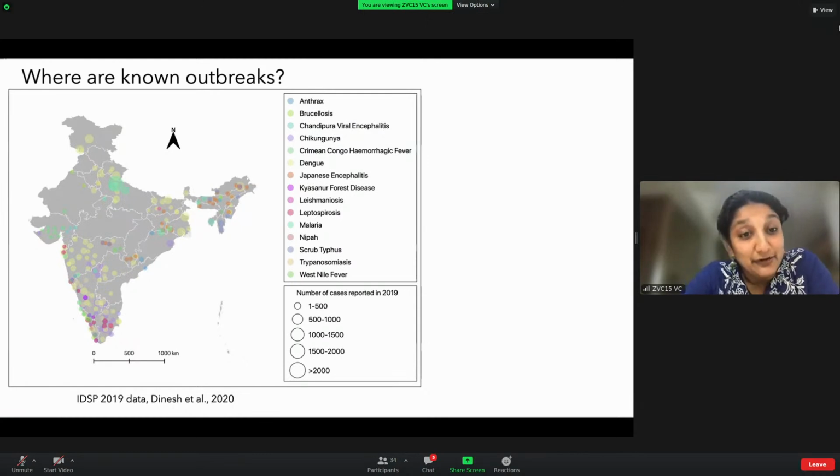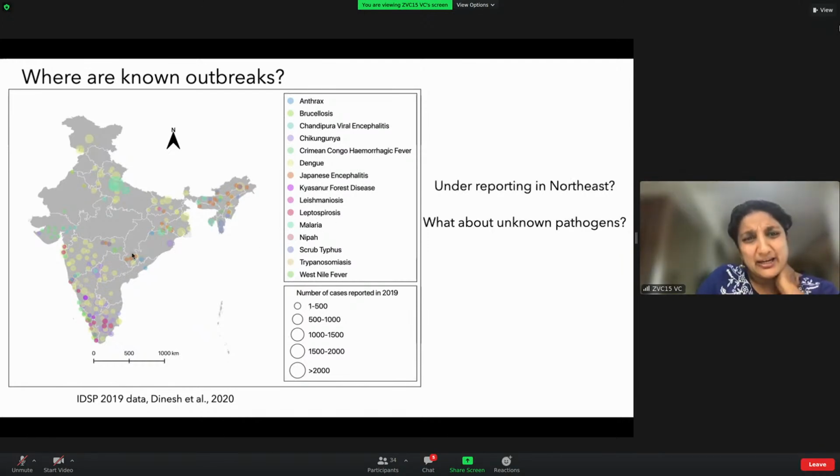And you can see, for example, that some outbreaks tend to be very broadly distributed geographically, like dengue or chikungunya, whereas others seem to be more restricted. Some tend to be forest associated, like scrub typhus or rickettsia. But surprisingly, maybe this surprises you, it seems like the Northeast doesn't have that many labeled outbreaks.